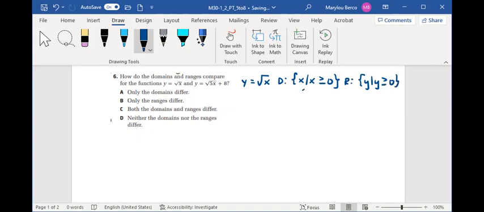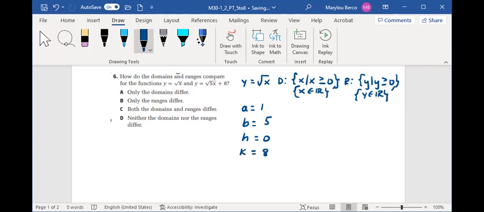And I should put here x is an element of all real numbers, and y is an element of all real numbers. Okay, so for y equals root 5x plus 8, a equals 1, b equals 5, h equals 0, and k is equal to 8.